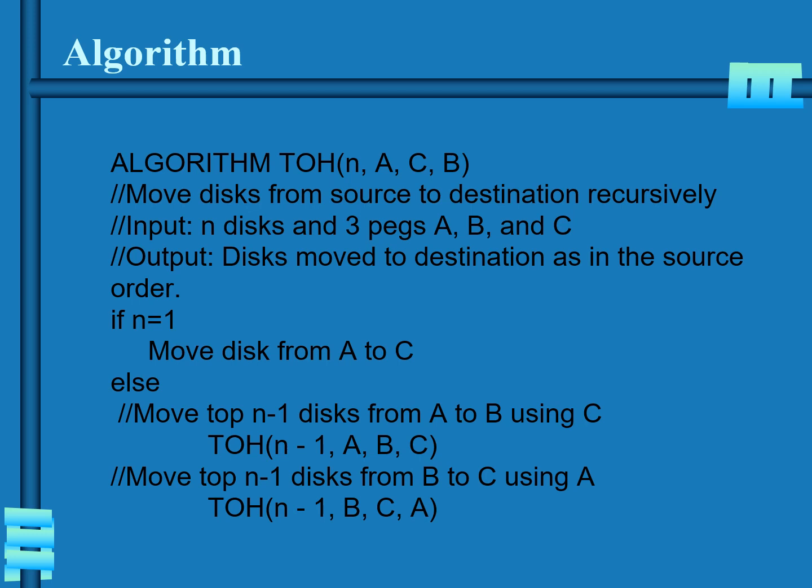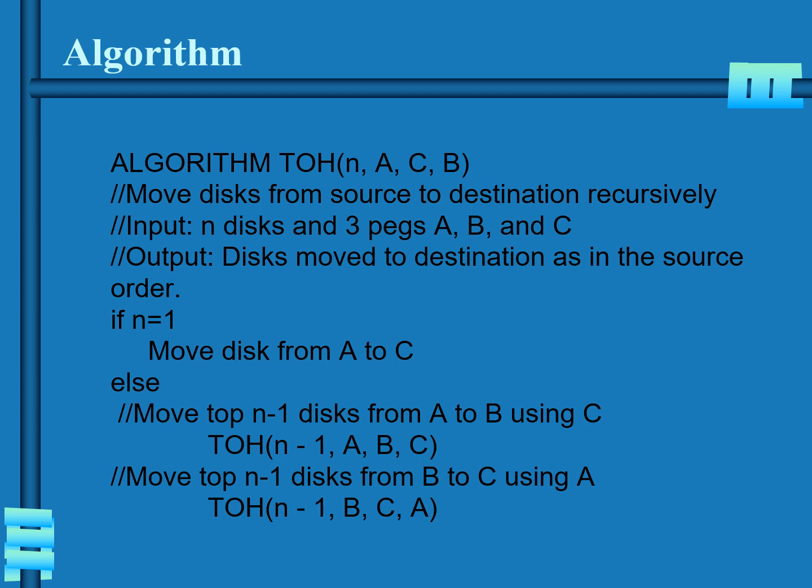If n is equal to 1, you have to move the disk from A to C. That is, you are directly moving the nth disk from the source to the destination. Otherwise, first you have to move the top n minus 1 disks from A to B using C. That is source to intermediate, using the destination as an intermediate one.